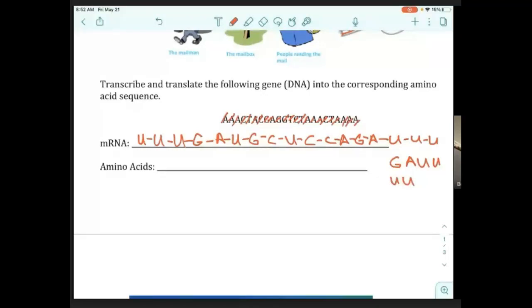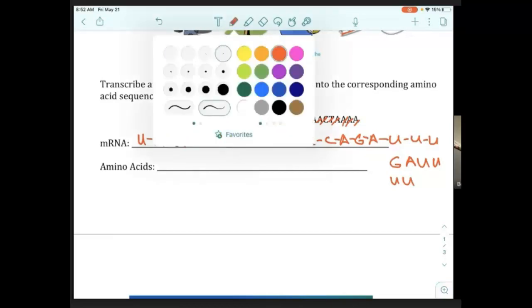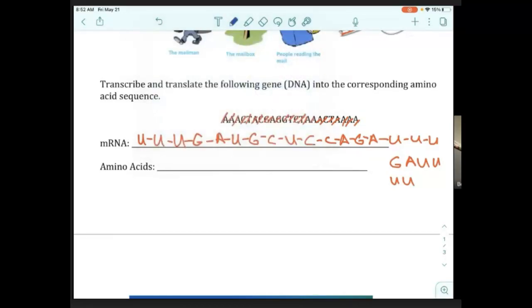So we put the complementary nucleotides down. Remember, there's no such thing as thymine. When we write messenger RNA, that gets replaced by uracil, right? So it's not apples in the tree, it's Army uniform, right? A with U. Then we have to look for the first codon, which is AUG, right?